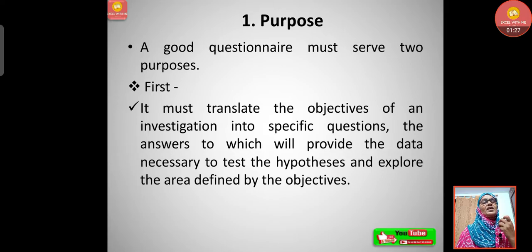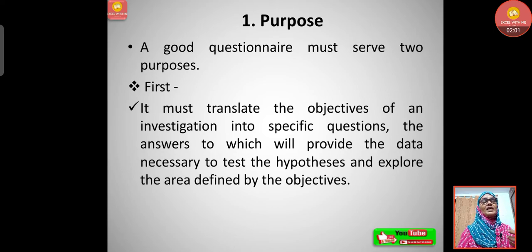Obviously, when we are doing any research, we will frame some objectives and also some hypotheses, tentative solutions. Now, what is our purpose of doing all this? To test the hypothesis, whether it is correct, false or true. We can do that with the help of the subjects, the questionnaires, and the responses and results.